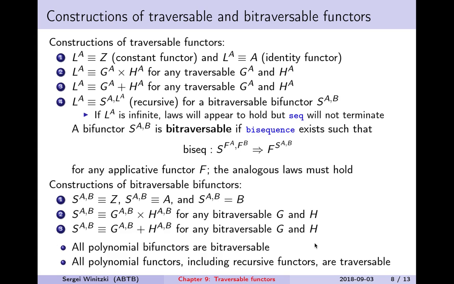So we have so far seen some examples, but now let's be more systematic about it. Here are the constructions that I found for traversable functors. And I will go through each of them one by one now.